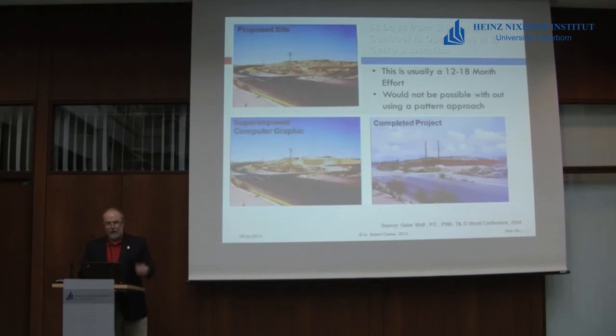He brought that 12 to 18 months down to 58 days. From the time the need was identified to the time it was up and running. Reduced the time from 18 months to 58 days.